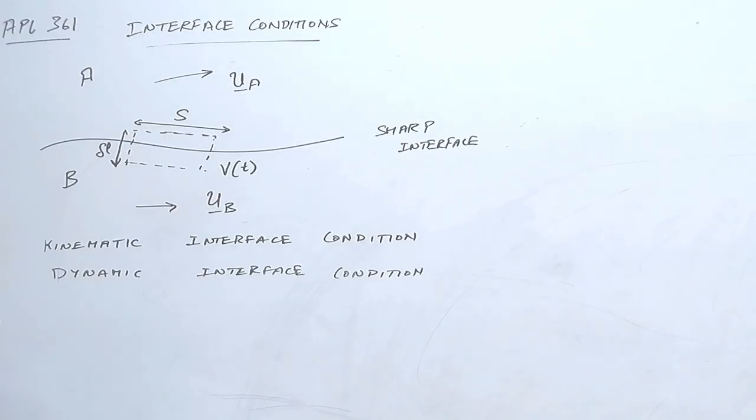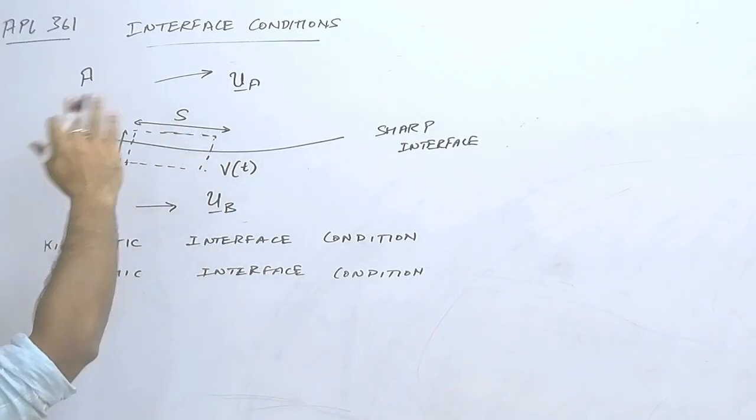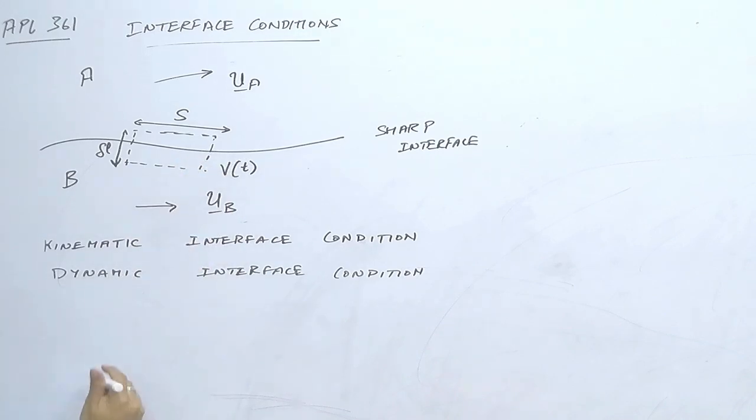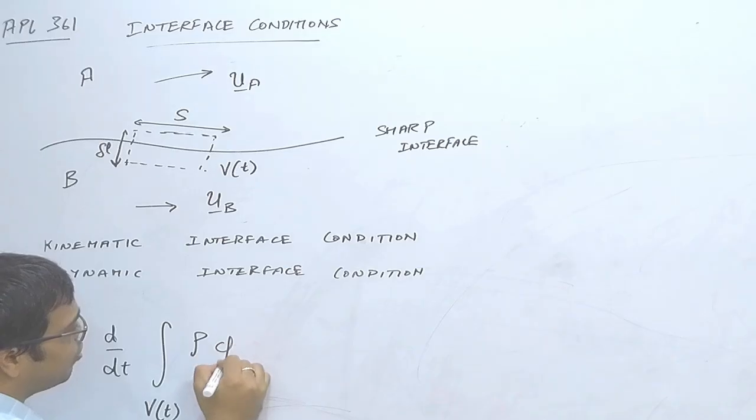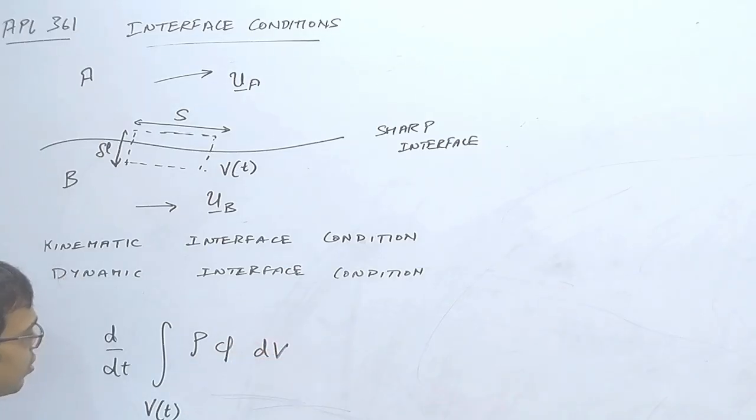Okay, so if this is an arbitrary control volume, then how do we derive the governing equation for some intensive property, let us say small phi, integrated over dv? Okay, so how do we derive this? The idea here is very simple, very similar to what we have considered for a fluid element.